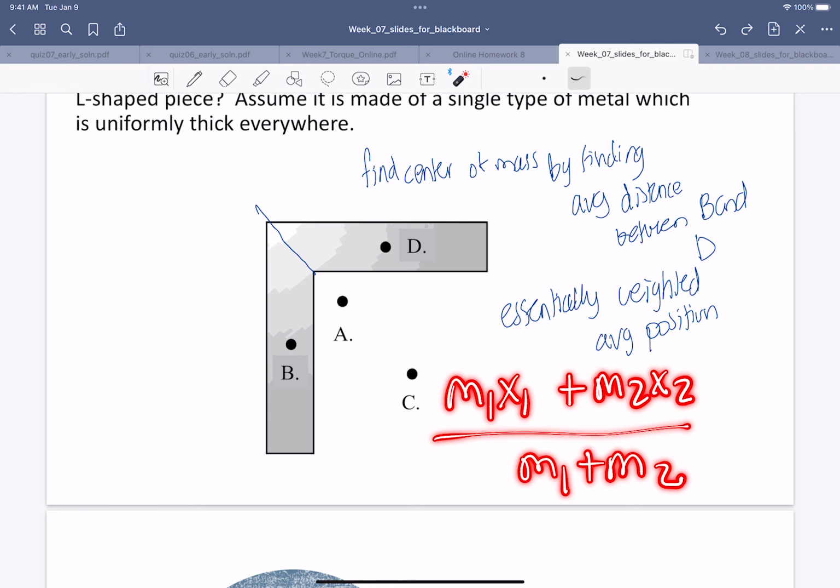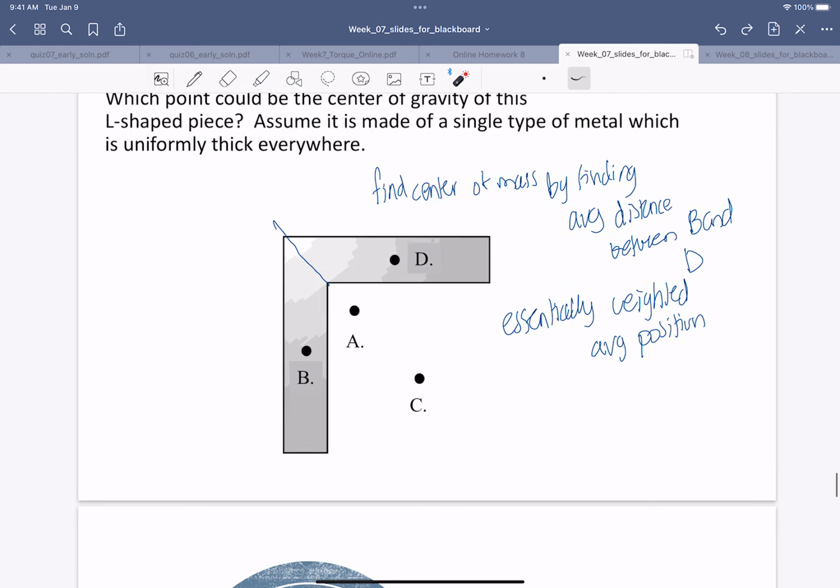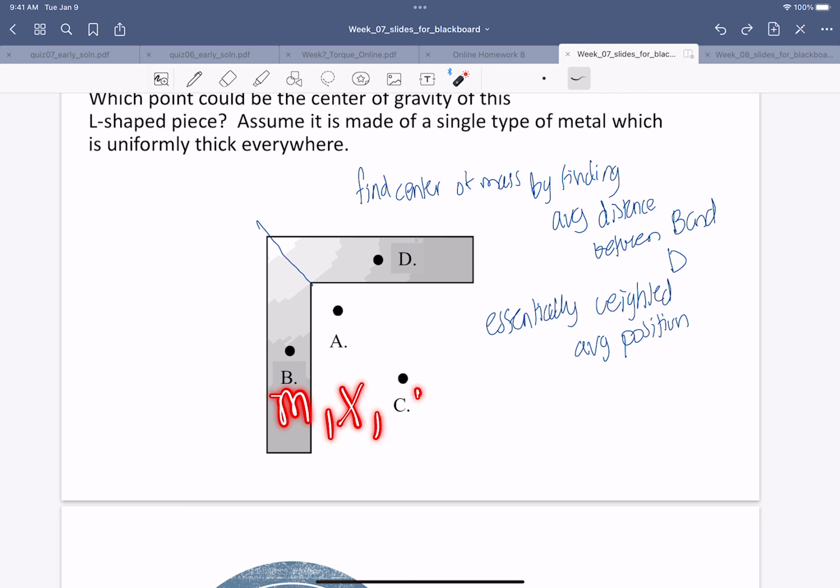If m1 is equal to m2, then it's like writing m1x1 plus m1x2, divided by just m1. So you can see that the m's cancel out, and you're left with just an average of the distances away.